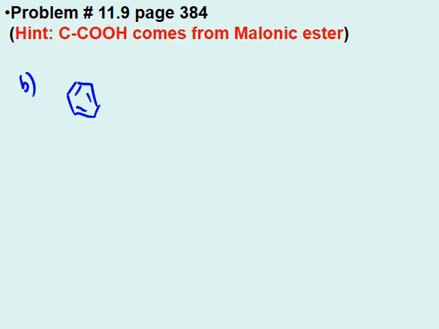Then you have CH2, then CH2, C double bond O, OH. Now the question is, how do I synthesize this compound by applying the malonic ester synthesis method?